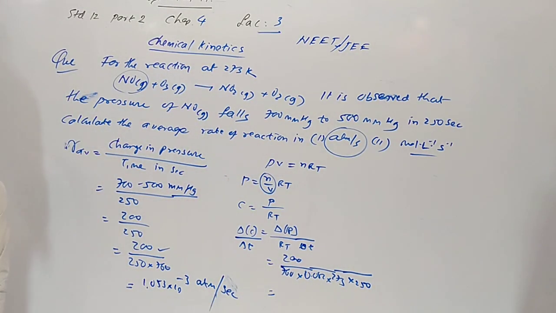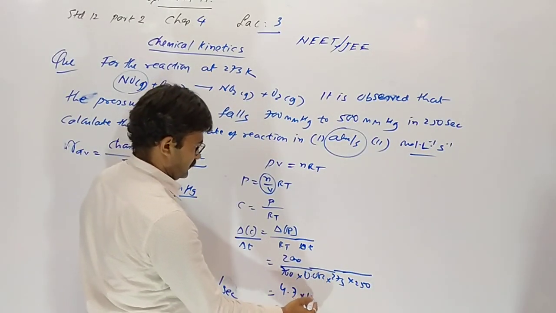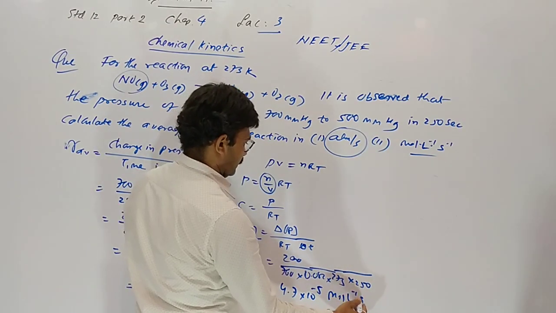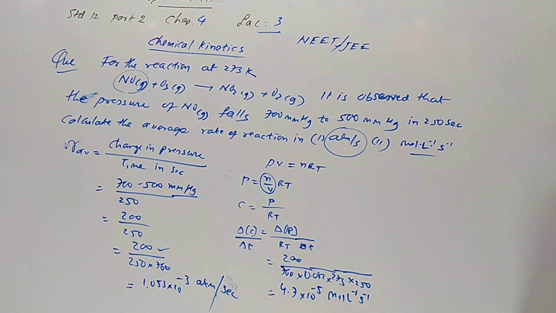So our answer in molarity is 4.7 into 10 raised to minus 5 mole per liter per second. Unit of rate remains constant, mole per liter per second.